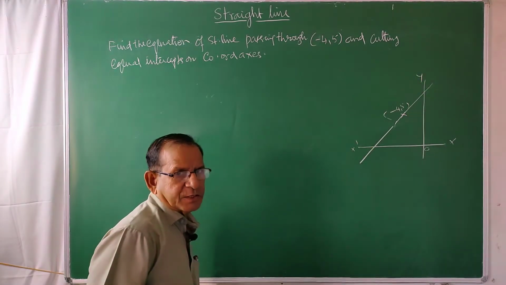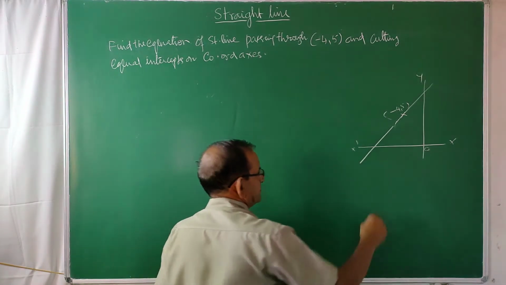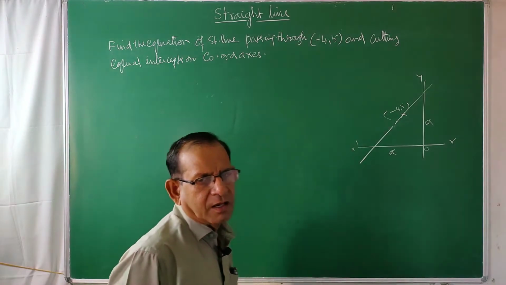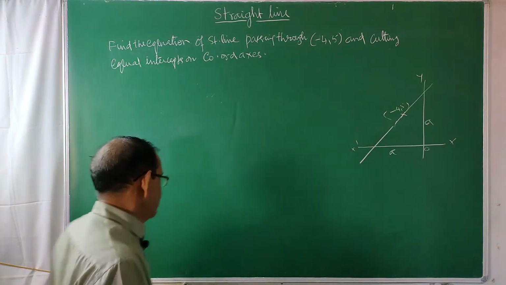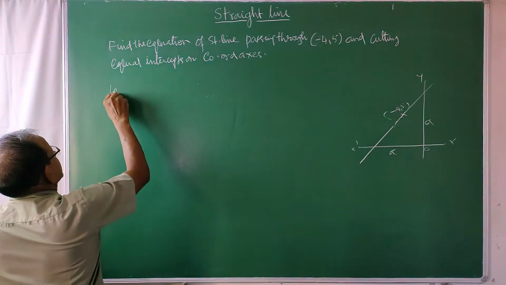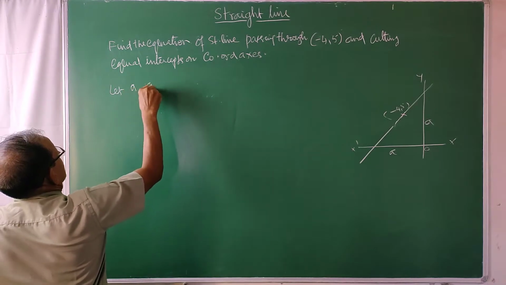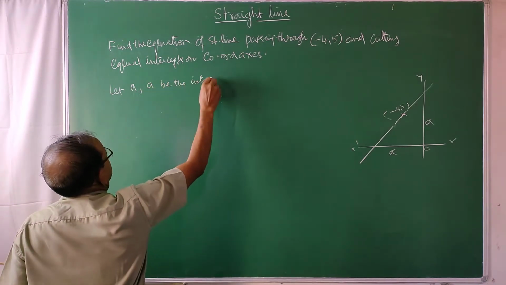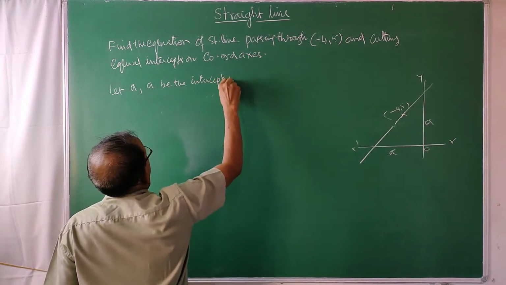Now, let us take the two intercepts as a and a, because the intercepts are equal for that line on x axis and y axis. Let (a, a) be the intercepts made by the line.